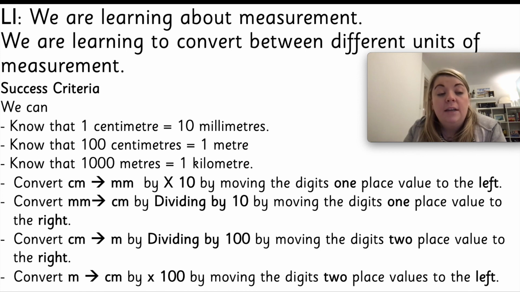If you're converting from millimetres to centimetres, you divide by 10 by moving the digits 1 place value to the right. If you're converting from centimetres to metres, you divide by 100 by moving the digits 2 place values to the right. And if you're converting from metres to centimetres, you multiply by 100 by moving the digits 2 place values to the left.